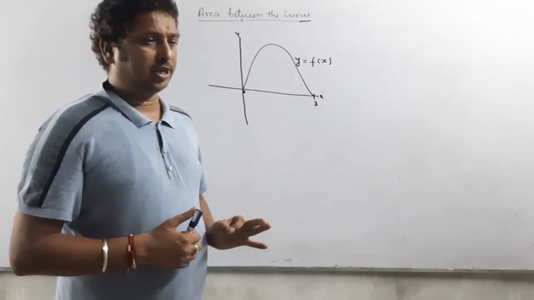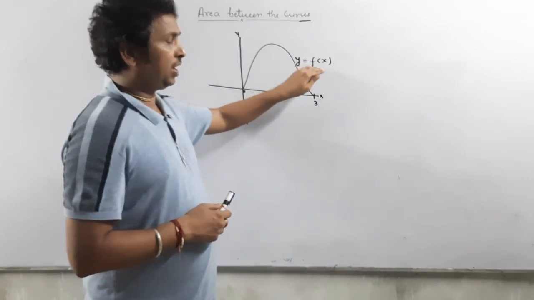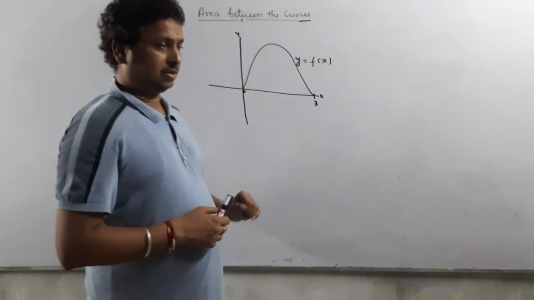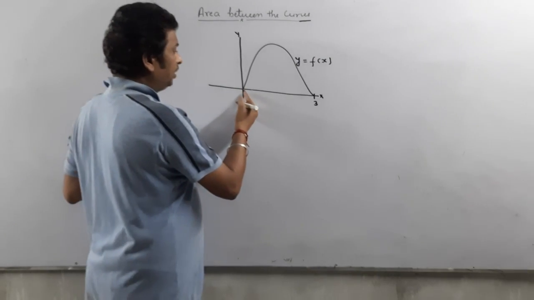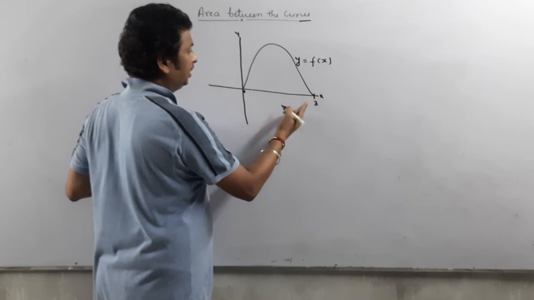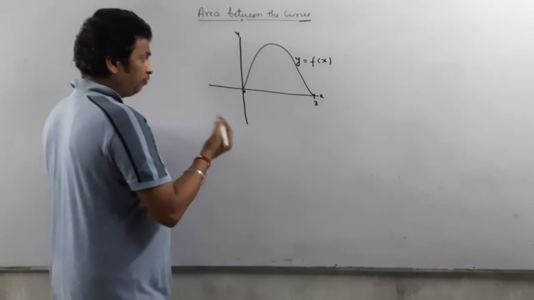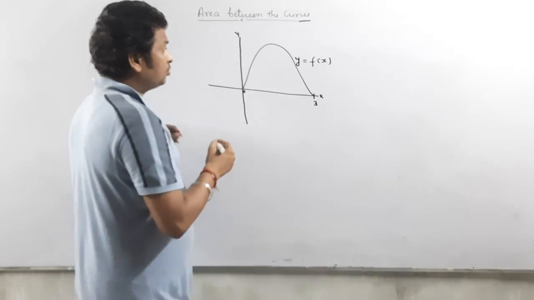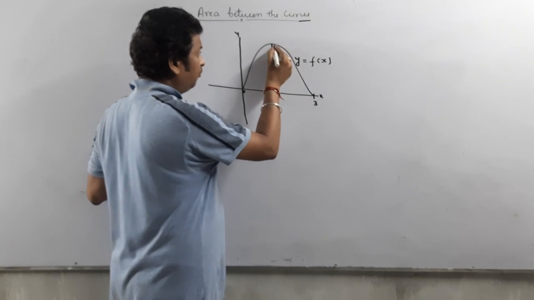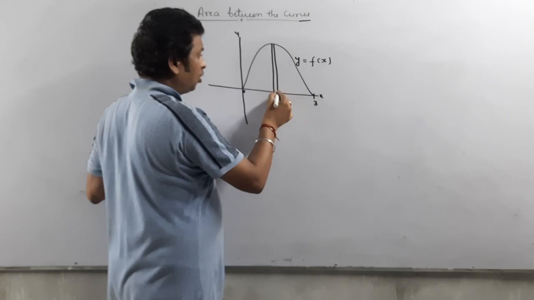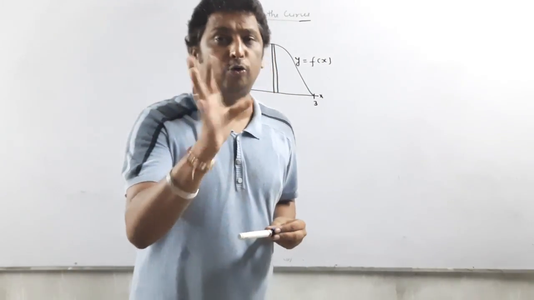Now the question is, what is the area between this curve y is equal to f(x) and the x-axis? It cuts the x-axis at 0 and 3. So whenever they ask for the area between the curve, what do you do? Just simply plot a vertical line on the given region, because area means it is always a closed region.